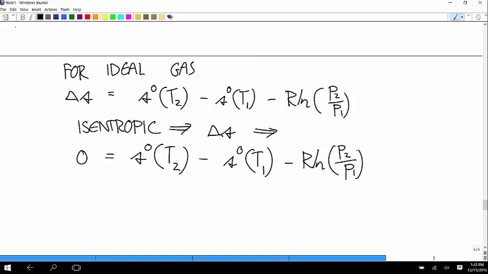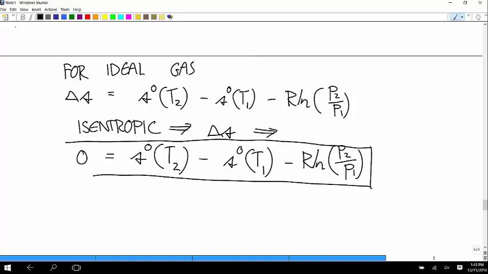So this is the starting point for next time, for Thursday. Any other questions?